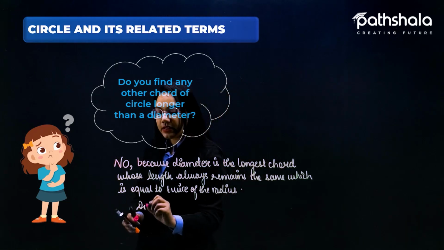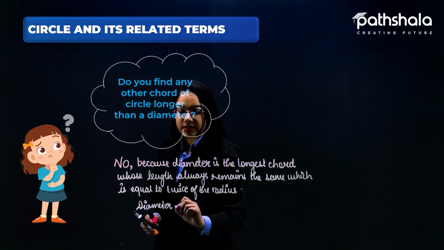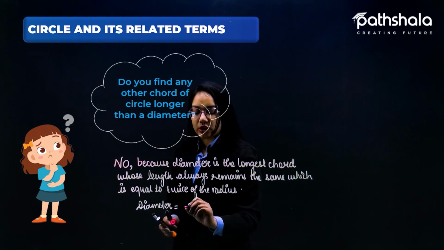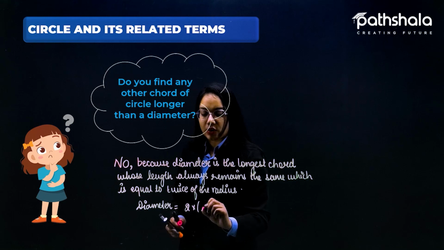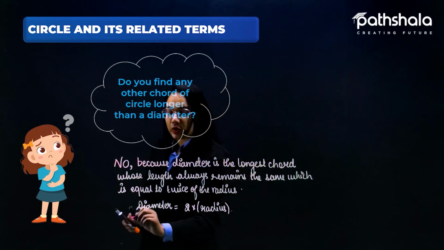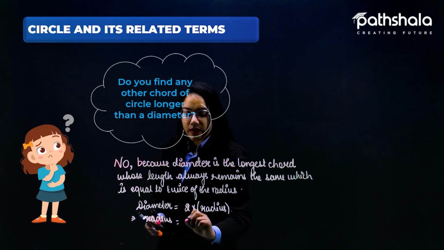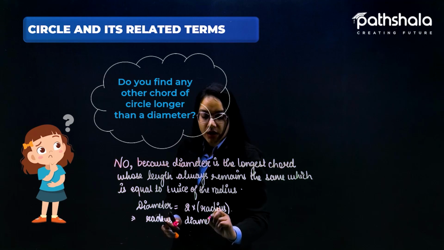So the diameter is the longest chord of a circle. Always remember this thing. The diameter's length is twice that of the radius. From here we can also conclude a very important relationship, that the radius is always half of the diameter.